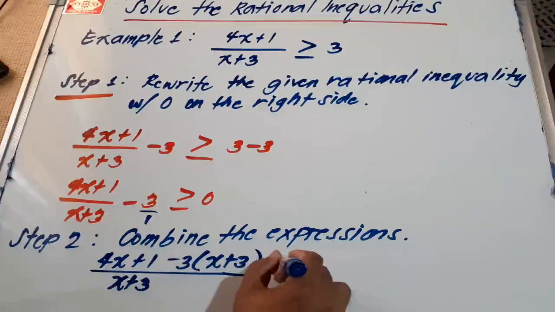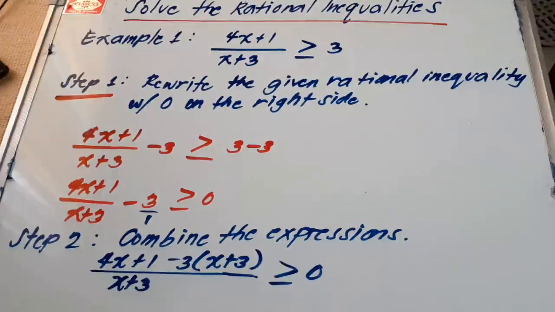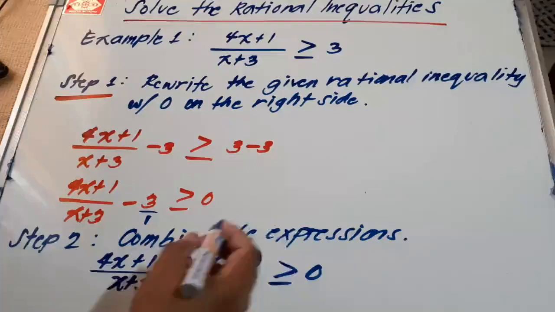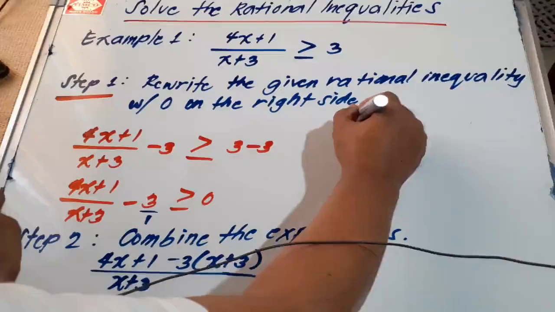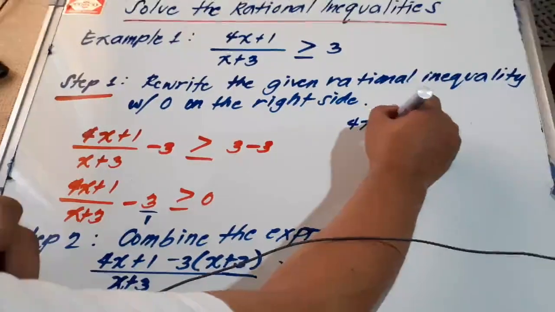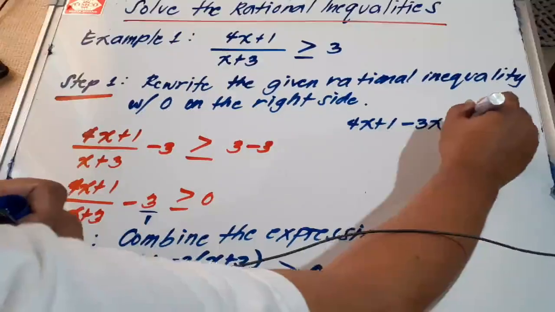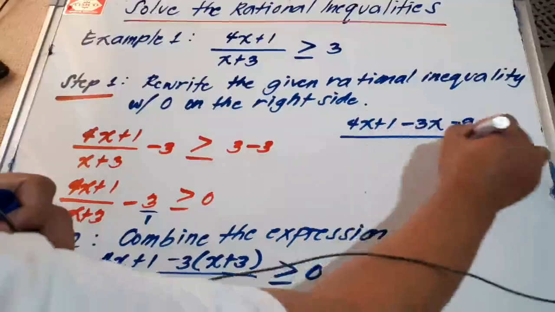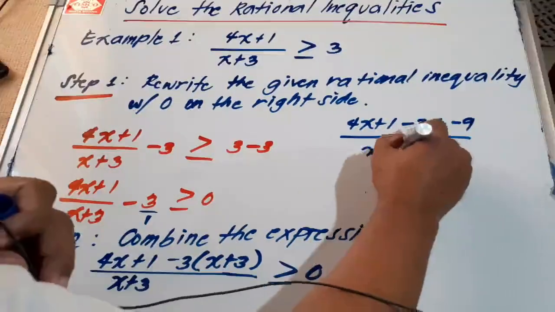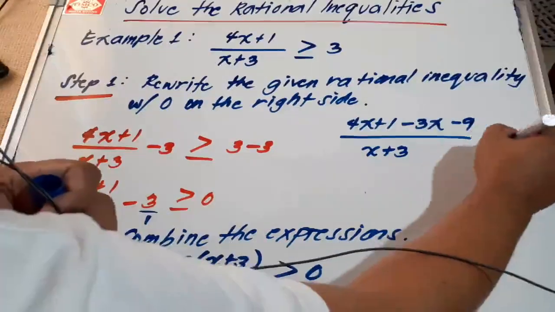This is greater than or equal to 0. And then, we expand and simplify. When we simplify, we have 4x plus 1 minus 3x minus 9 all over x plus 3 greater than or equal to 0.